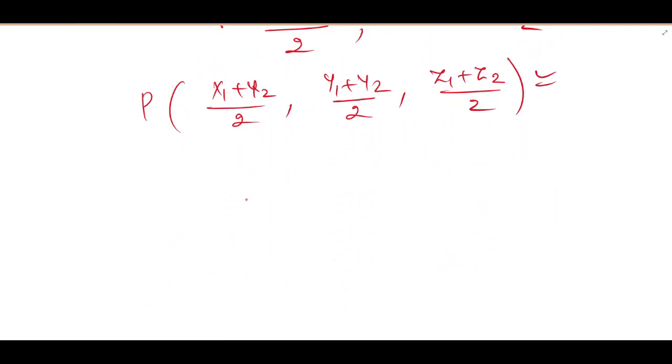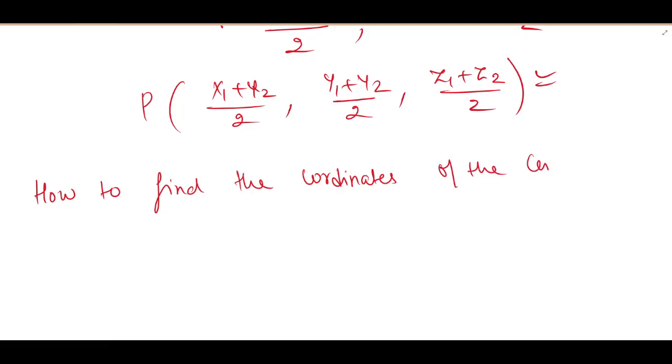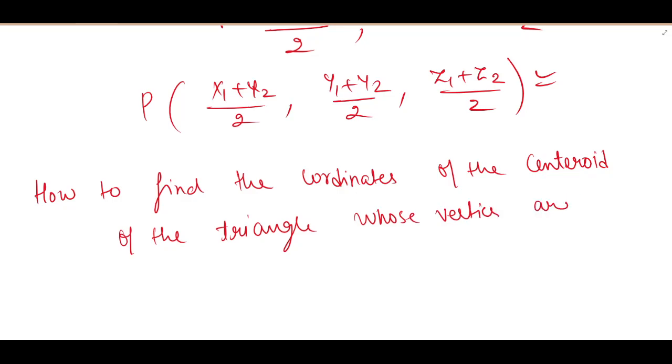Next is how to find the coordinates of the centroid of a triangle whose vertices are (x1, y1, z1), (x2, y2, z2) and (x3, y3, z3).